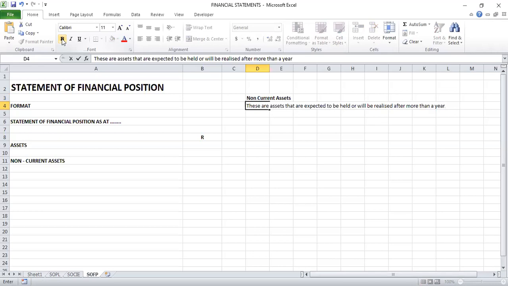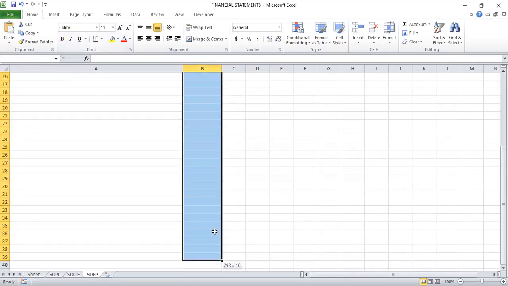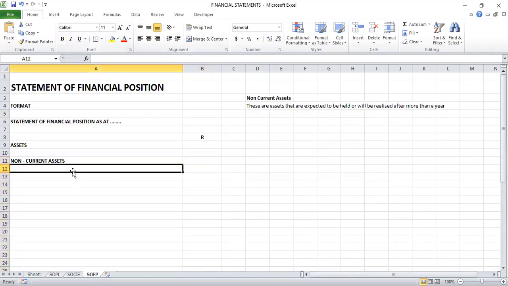So we expect to have these assets for more than a year. Those are what we call non-current assets. We expect to have them within our business for a period which is more than a year.